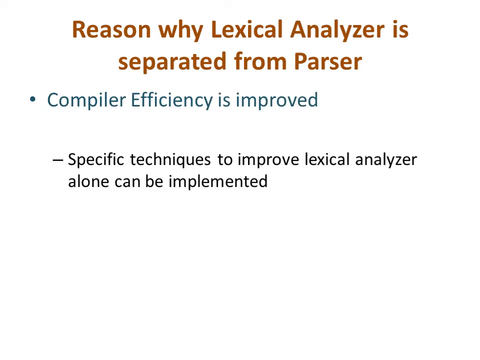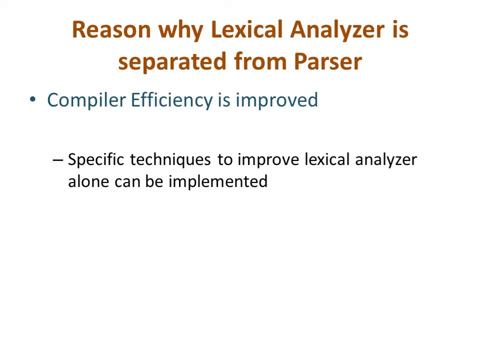The next reason why the lexical analyzer is separated from the parser is to improve the efficiency of a compiler. How can the efficiency of a compiler be improved? We can have separate techniques for improving the lexical analysis phase alone, and separate techniques for improving the parser alone.